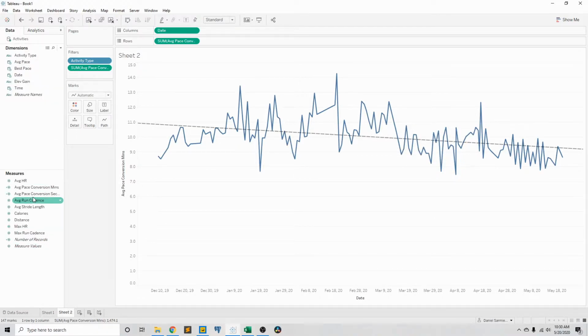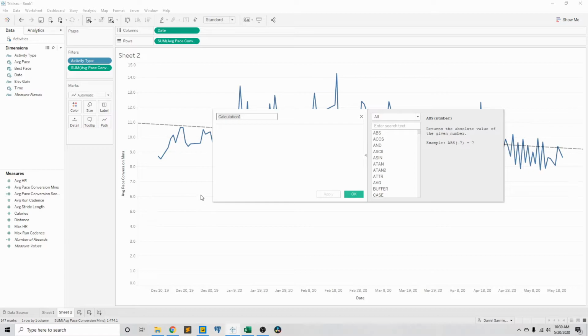So what I'm going to do is take this pace conversion minutes and turn it into something that is more relatable to the layman, which is miles per hour. So I'm going to put average MPH as the metric over here.